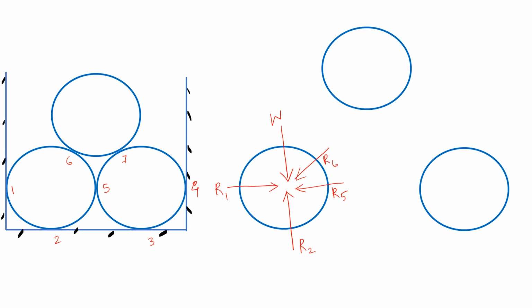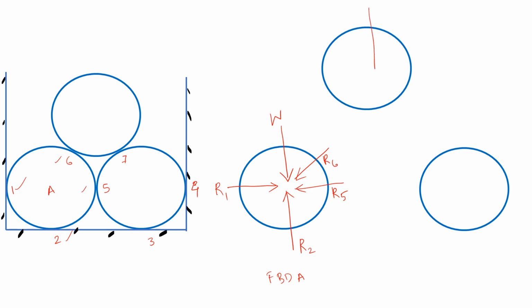This many reactions will be there because this particular body, body A, has contact at 4 different points, 1, 2, 3, 4. So 4 reactions will be there, and additionally one weight component.